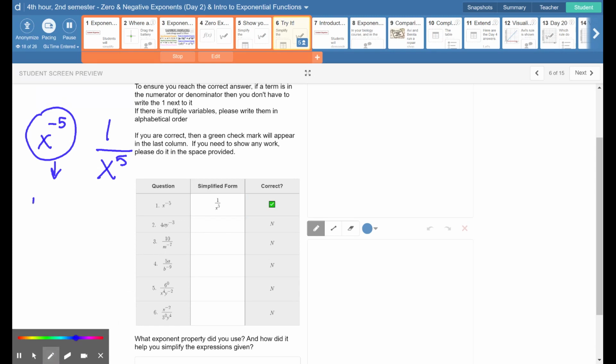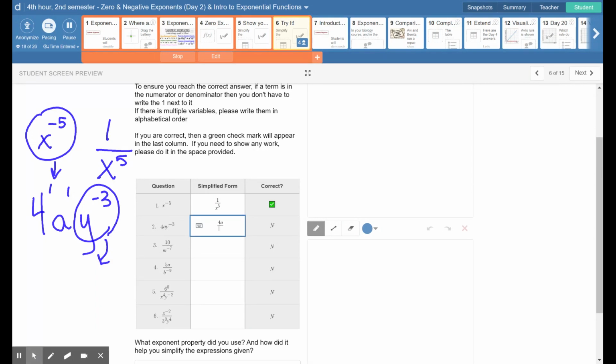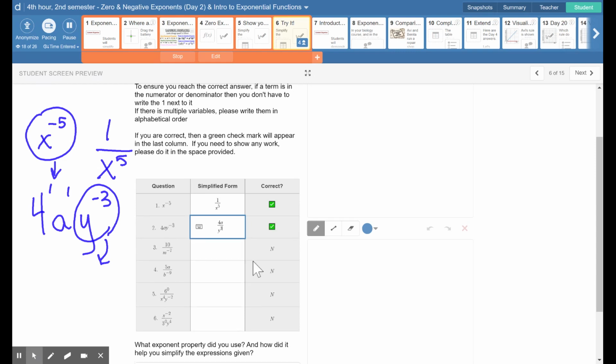Number 2, we want to be careful that 4 really has an exponent of 1, that a really has an exponent of 1. We don't write them because we don't need to yet, but that y to the negative 3 has an exponent that's negative. So if you notice, 4a stays on top, and then y to the third goes into the denominator.